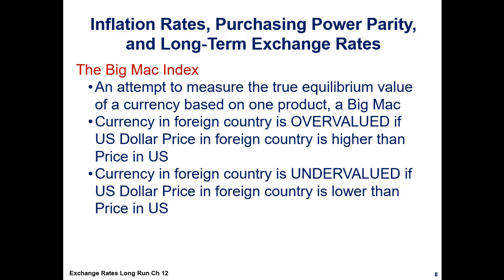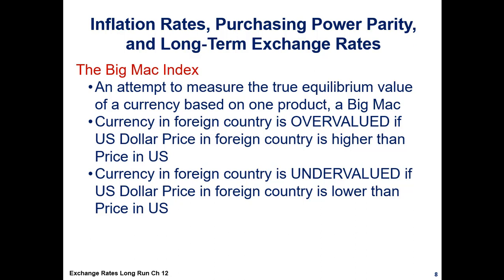But basically, what it's trying to say is when you convert the pound price of a Big Mac to a dollar price, if that dollar price is higher than what you would pay in New York, based on purchasing power, based on the law of one price, that currency must be overvalued, meaning that you think it has more purchasing power than it should.